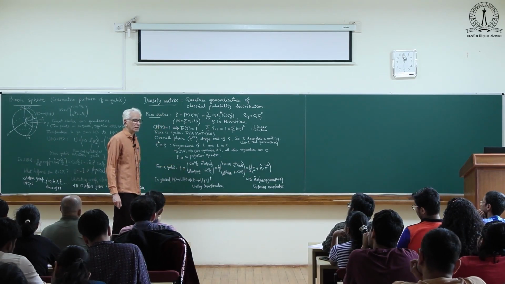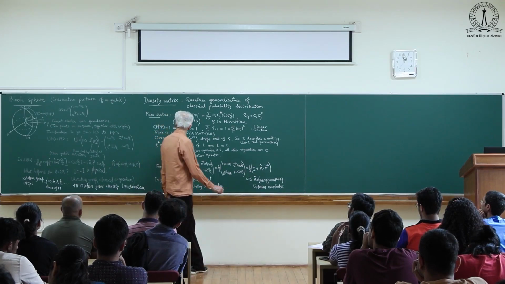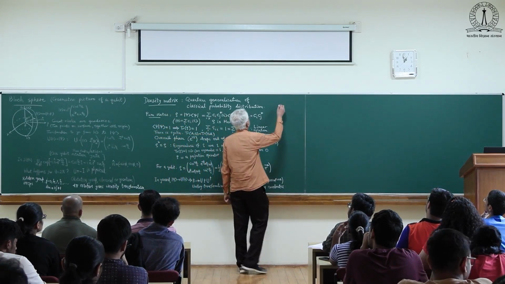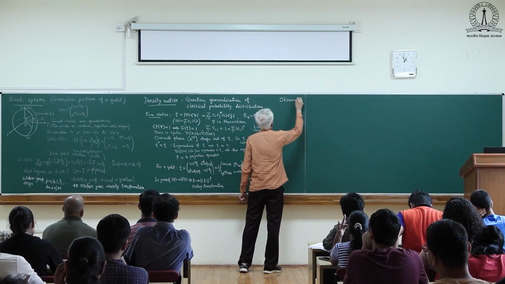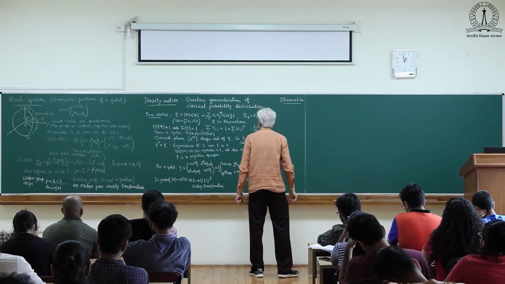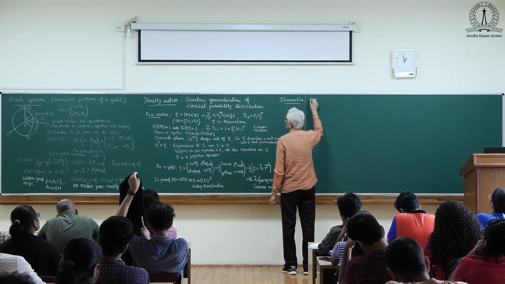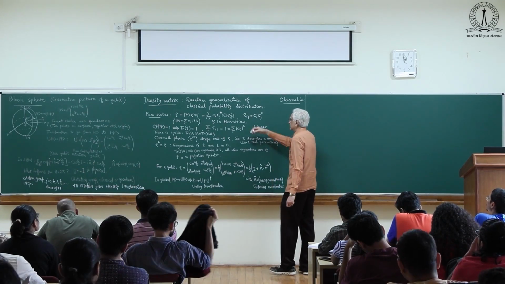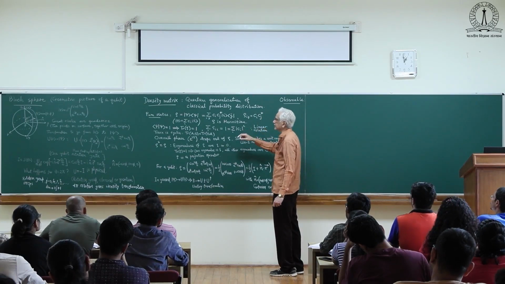All will come out of this in a different language. So what is an observable? Well, we defined the operator which is independent of rho, some Hermitian matrix.